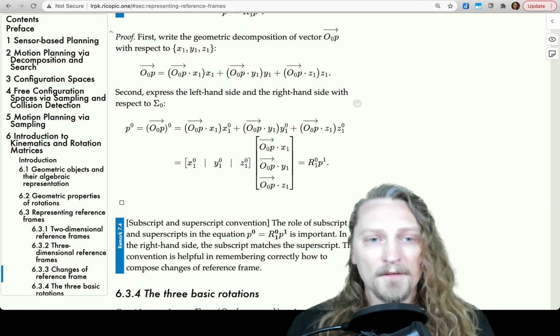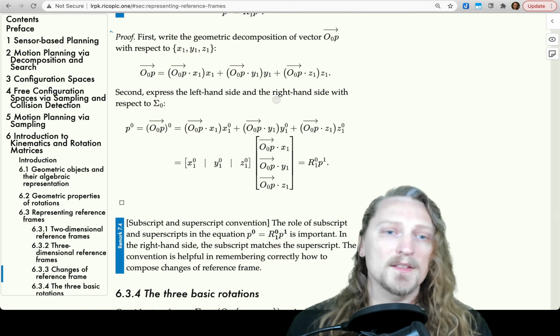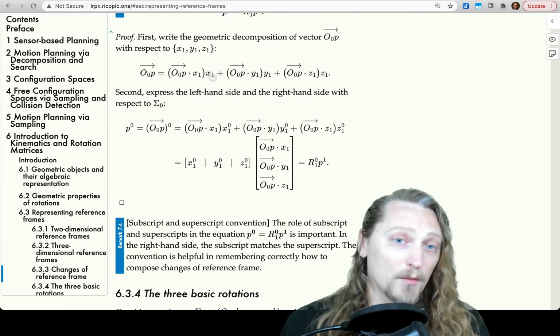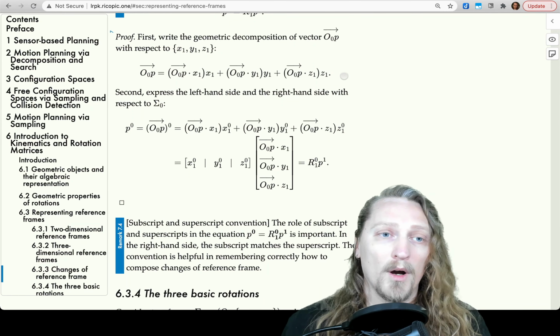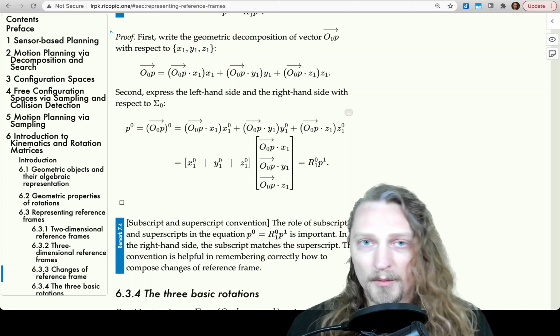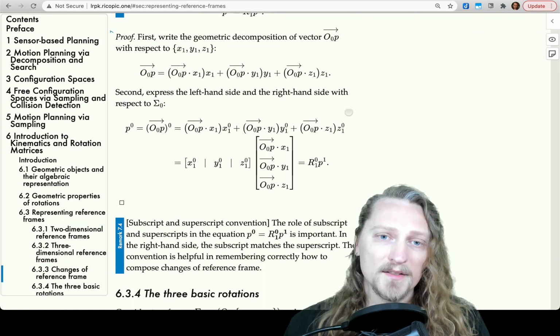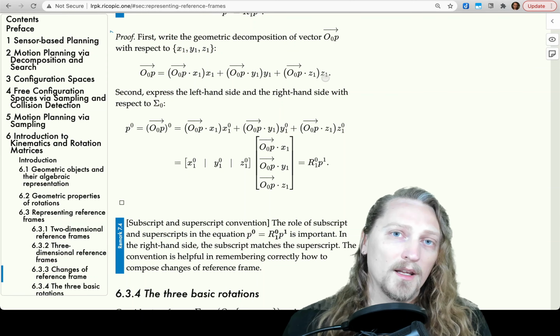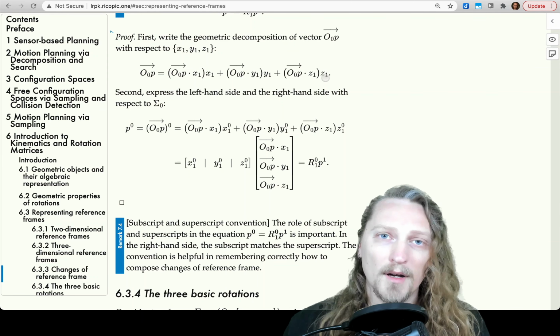Second, express the left-hand side and the right-hand side with respect to sigma 0. So we've been representing it with respect to sigma 1 up here, but now we're going to represent it with respect to sigma 0. Well, in that case, all we need to do is express the basis vectors x1, y1, and z1 in the new reference frame.